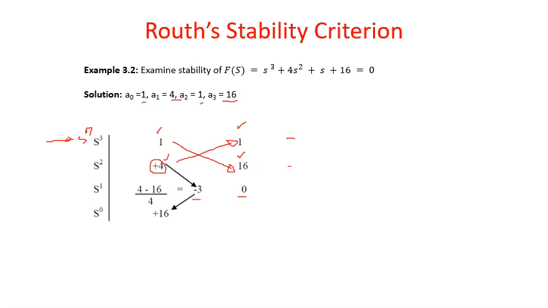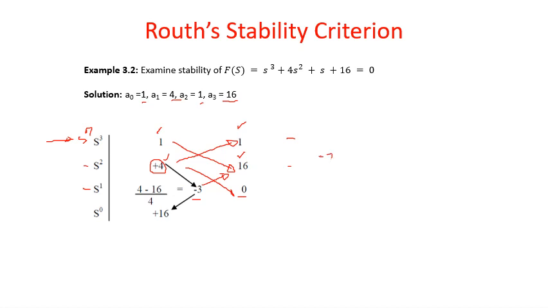Coming to the S0 row, we have to concentrate on the S2 and S1 rows. So minus 3 into 16, and minus of 4 into 0, whole divided by minus 3. I'll show it here.